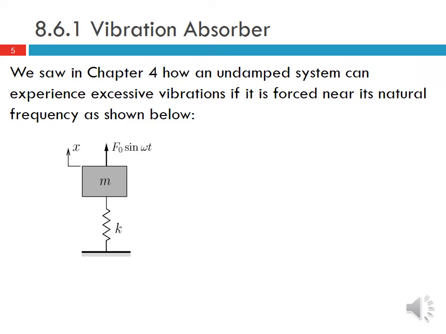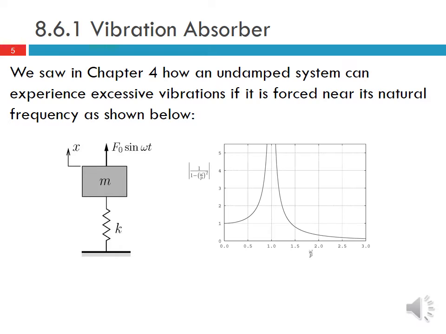Now we saw in Chapter 4 how an undamped system can experience excessive vibrations if it is forced near its natural frequency. So this was the dynamic response of a forced undamped system.